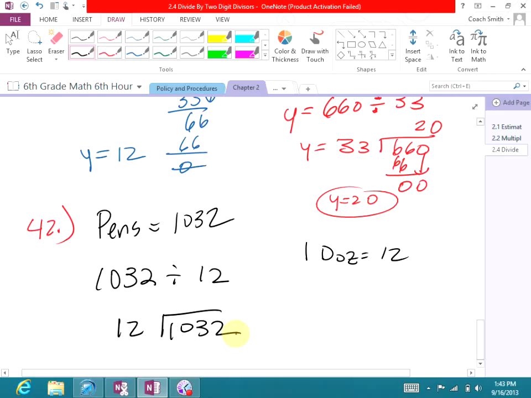So, how many times does 12 go into 10? 0 times, right? 12 doesn't go into 10. How many times does 12 go into 103? It can't go more than 10. It's got to be 9, 8, 7, 6, 5, 4, 3, 2, or 1. 9?